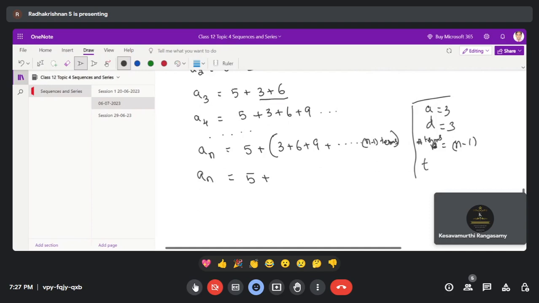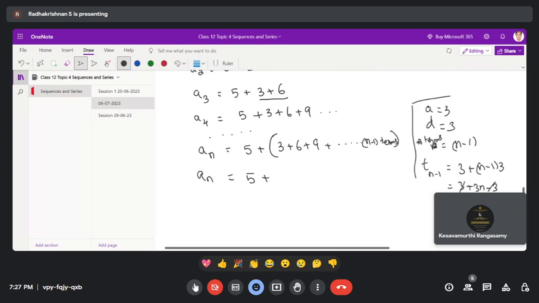So we can put Tn minus 1, because n minus 1 terms are there. So Tn minus 1 will be A plus n minus 1 into D. Three plus 3n, so it will be 3n minus 1 whole square.